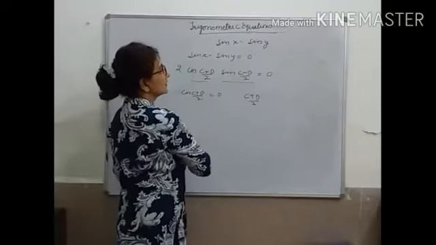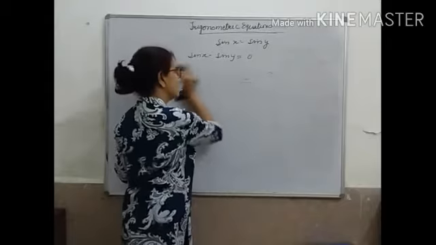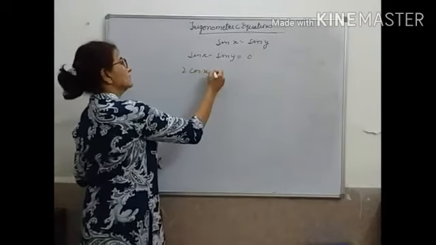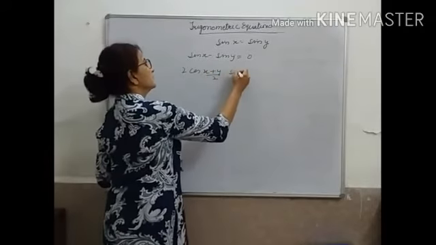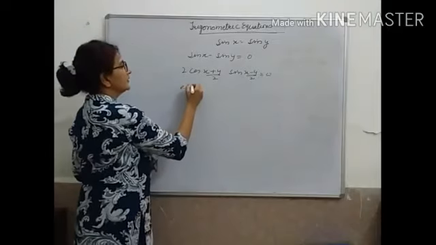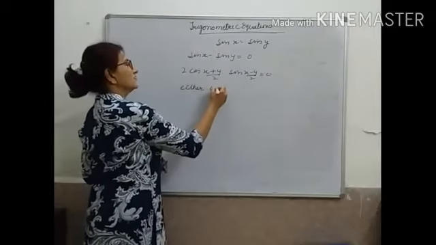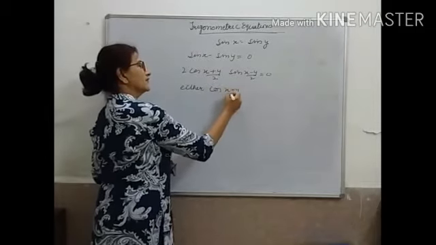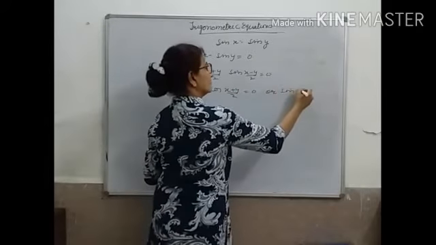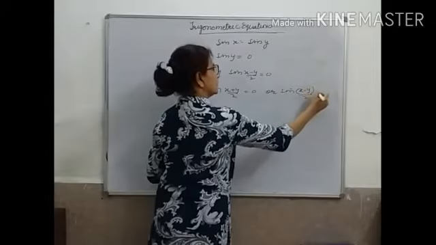But I was to take x and y, and I have taken C and D. Let me do it once again for you. So 2 cos (x plus y) by 2 sin (x minus y) by 2 is equal to 0. Either cos (x plus y) by 2 is 0 or sin (x minus y) by 2 is 0.